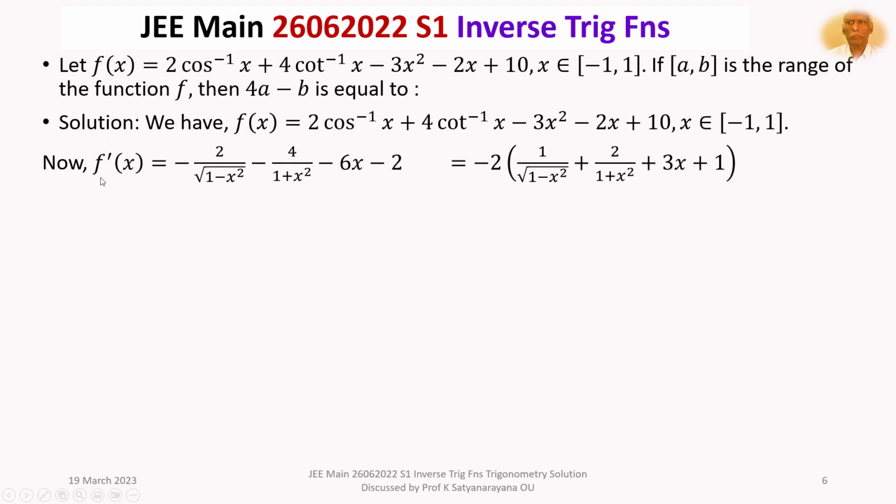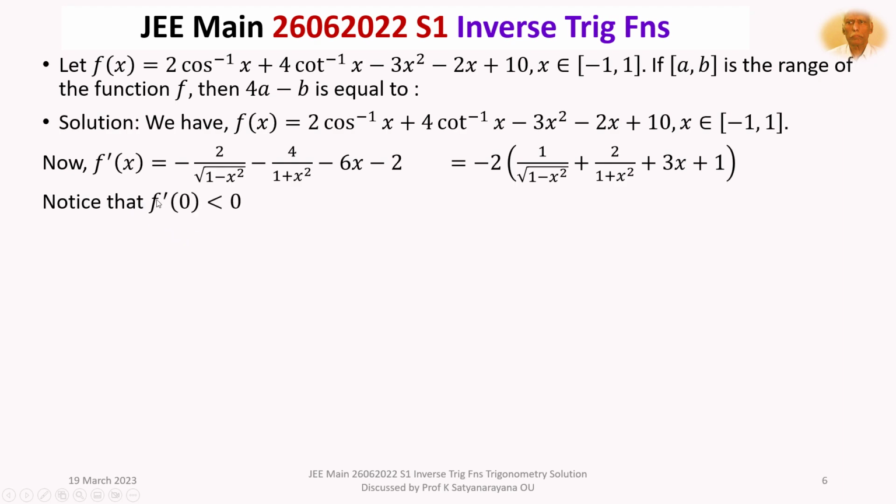Test the nature of f prime x at x is equal to 0, and that is, the sign of f prime 0 will be the sign of f prime x for all x belongs to the closed interval minus 1 to plus 1.